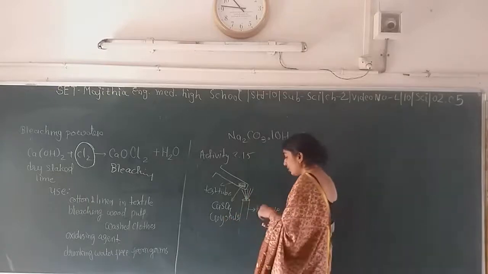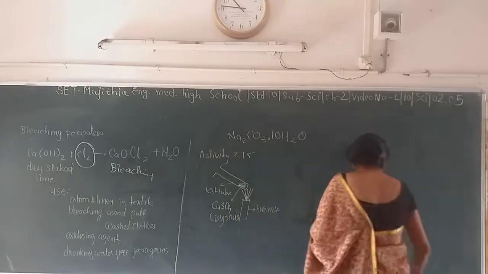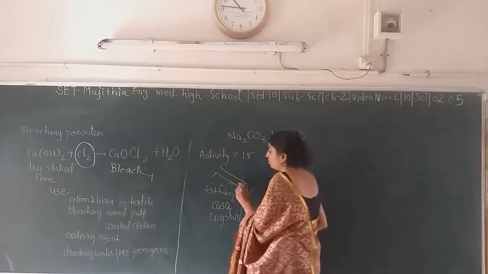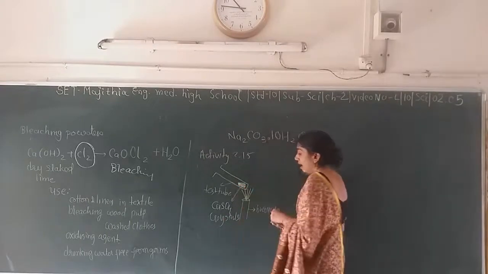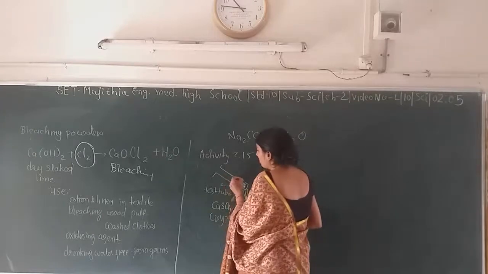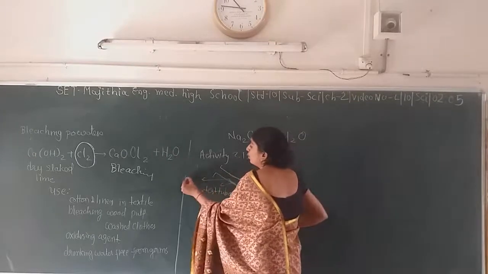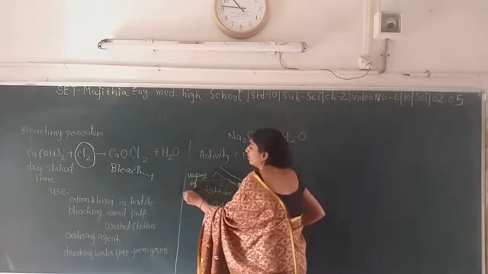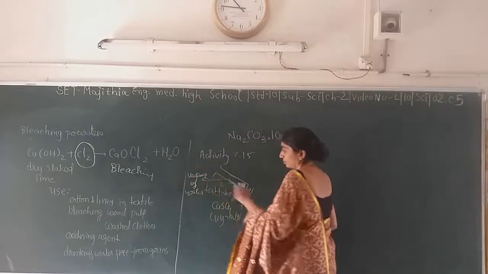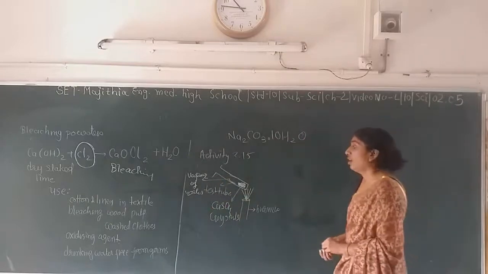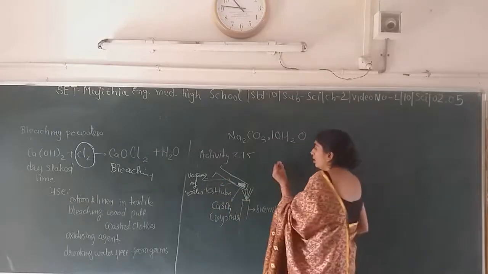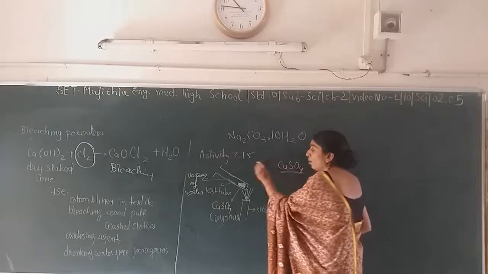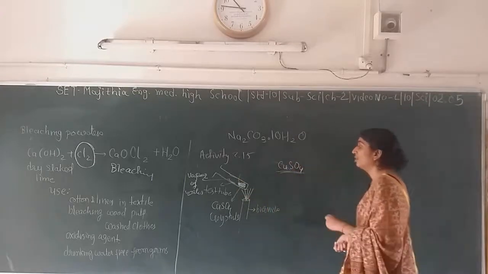As it gets heated up, it changes its color from blue to white. We also observe vapor of water. This means CuSO4 has a certain amount of water in it.